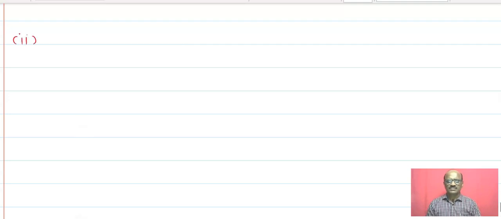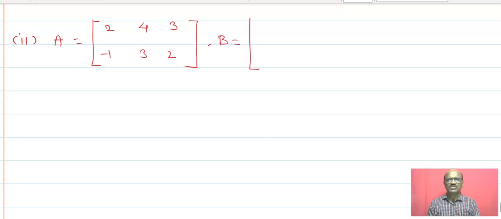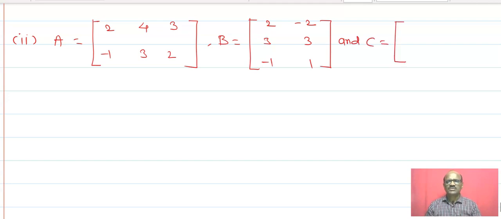Now next, second one, A is equal to 2, 4, 3, minus 1, 3, 2, and B is equal to 2, minus 2, 3, 3, minus 1, 1, and C is equal to the matrix 3, 1, 1, 3.